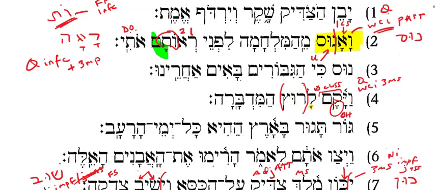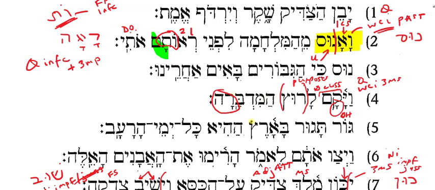He arose, la roots. How is running related to arising here? Yeah, it's in order to, so we would call this purpose, right? The infinitive gives you the purpose of the main verb. He arose. Why? To run. Where? Hamidbara. What's midbar? Wilderness. What's ha midbar? That's right. And the word midbar does not normally have a kametz hey on it.